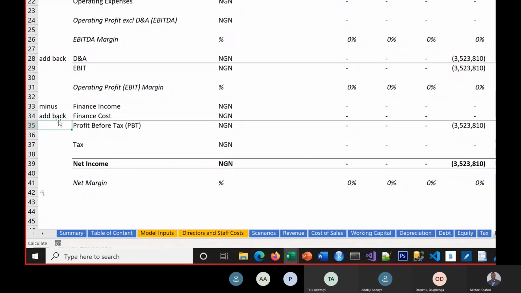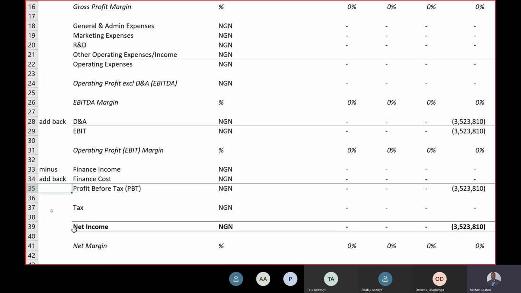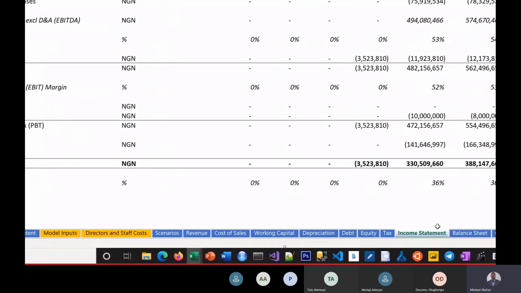So with that, I will be done with the adjustments on the income statement. Let's go and do exactly what I have said.